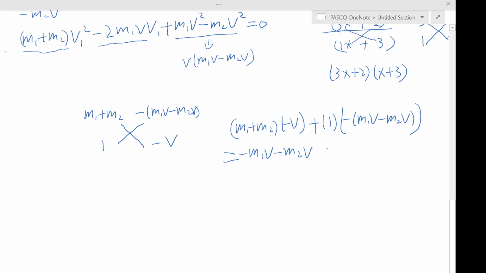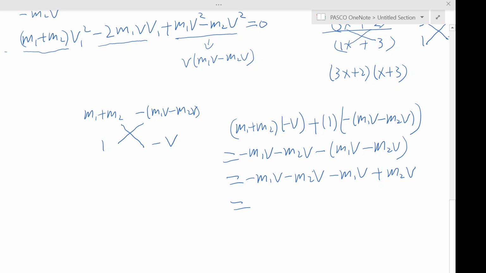And then you have minus m1v minus m2v. I'm just copying down this term with the negative in front, so this becomes minus. And then you can subtract out the bracket, so you need to change the sign of the second term, it becomes m2v.